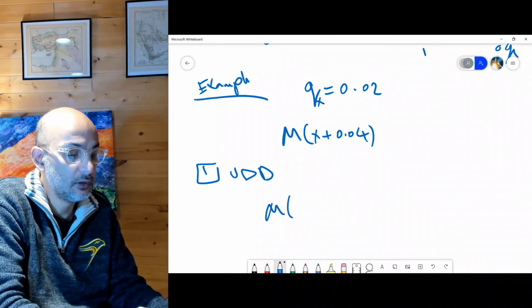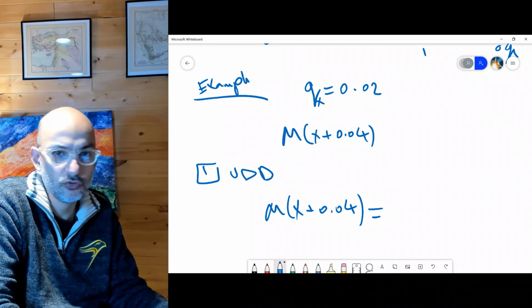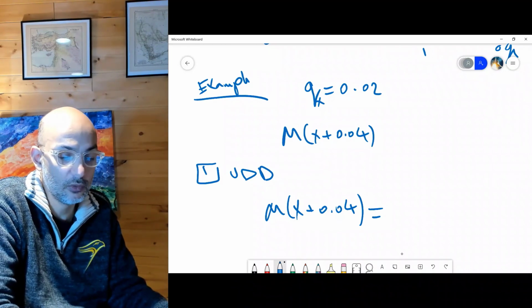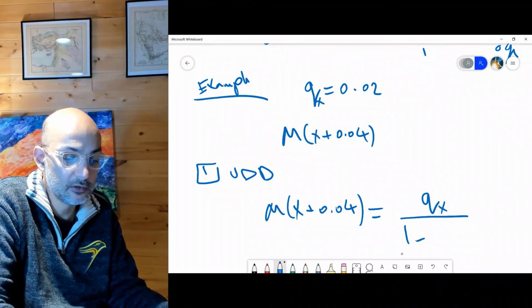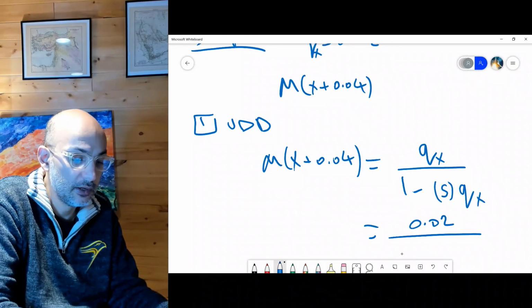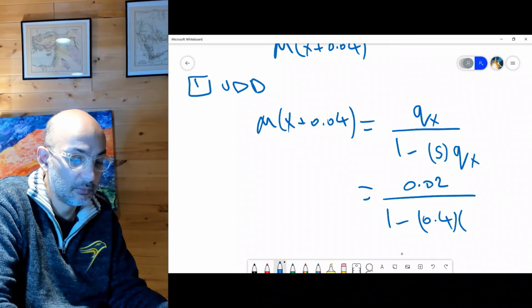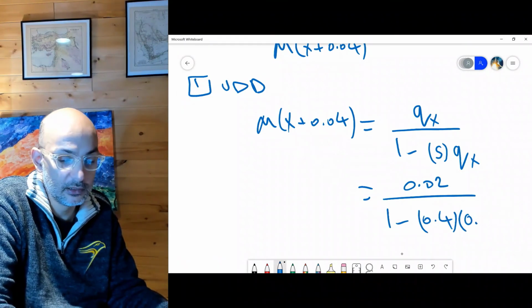So mu x plus 0.4 is equal to, we need to remember it, we know the formula right away, qx divided by 1 minus s multiplied by qx, right? So our qx is 0.02 divided by 1 minus 0.4 multiplied by 0.02.